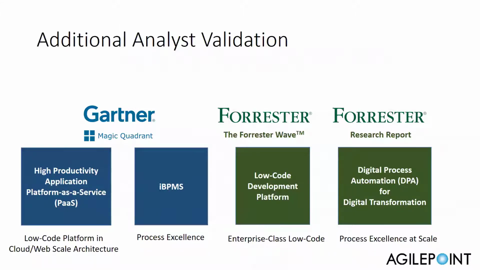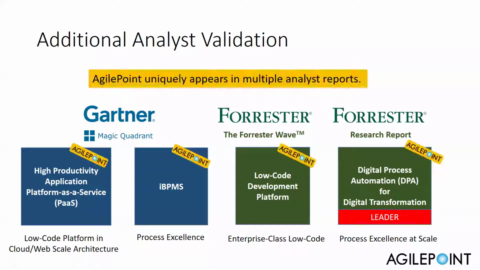Now, while we're very proud of our positioning in the Forrester Report, as I mentioned earlier, one of the unique aspects of AgilePoint is the range of value that you can get from the single platform. And I think that's well represented by what you're seeing on screen here. In addition to our leader position in the Digital Process Automation Report, we've also been regularly recognized for low-code development, that is general purpose application development, as well as handling some of the complex and longer running BPM style workloads.